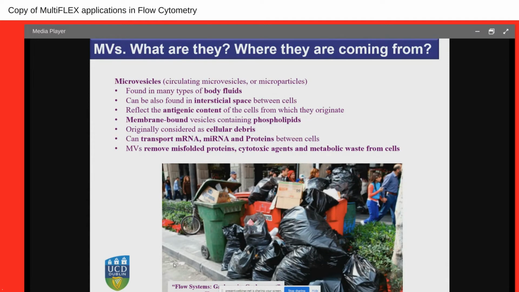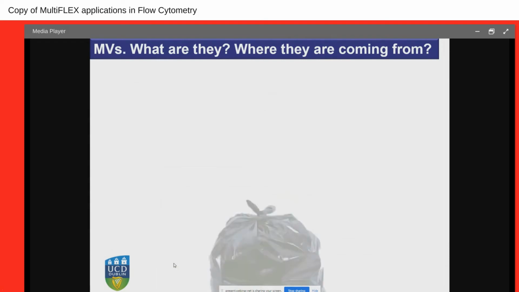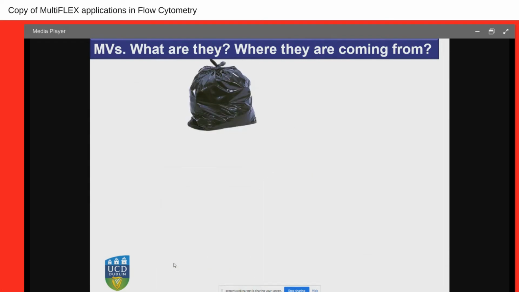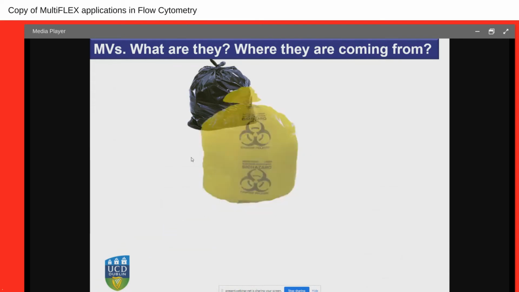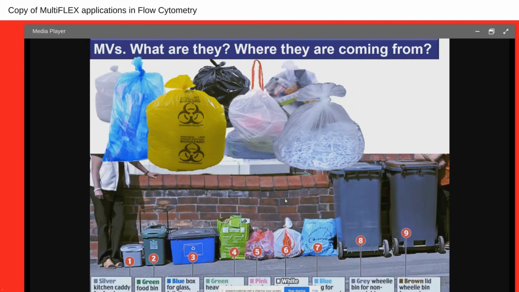So why do you want to do this? Oh, we want to classify them. Okay, how do you classify them? If we think of the kind of garbage that we have, we can think of this kind of bags, but we have these other kinds of bags. So the characteristics and where it's coming from are clearly different, and what it contains is different. If we look at this bag, it's clearly different. Again, cargo and content could be quite different, but they will help us to characterize what is what and what they contain.